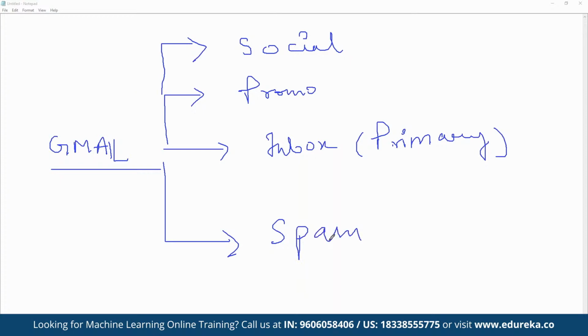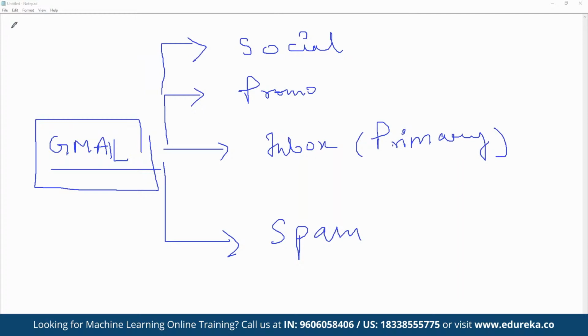So now for the emails, we don't have to define which email is going to be put under social, promo, primary, or spam. These things are automatically handled by Gmail itself. Now, this is a simple example of the supervised learning method.